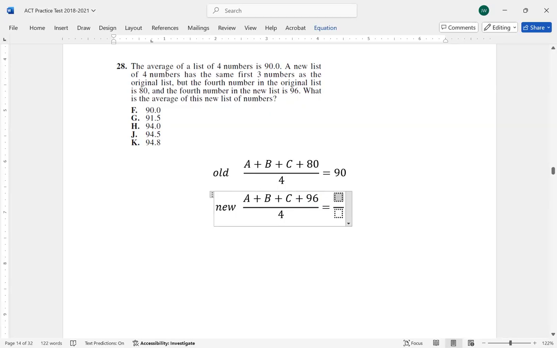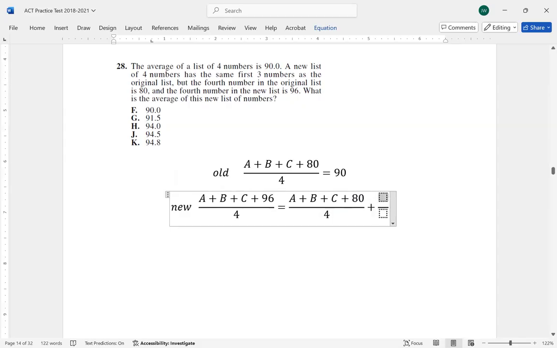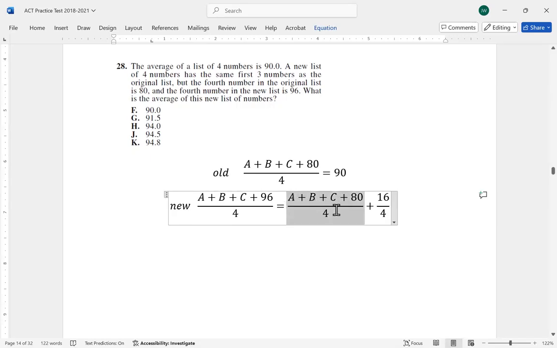Basically, what I'm going to do is break that 96 up into 80 plus 16. And now we know that the new list's average is going to be the same as the old list's average plus 16 over 4, which is 4.